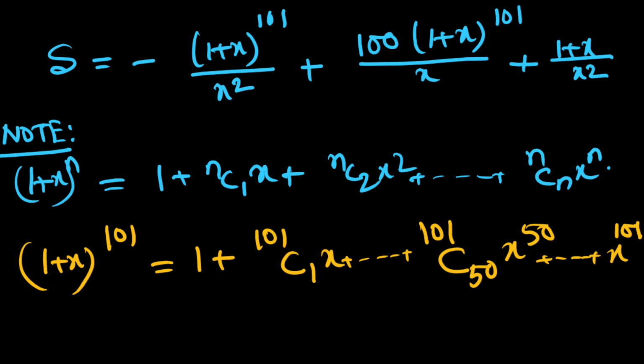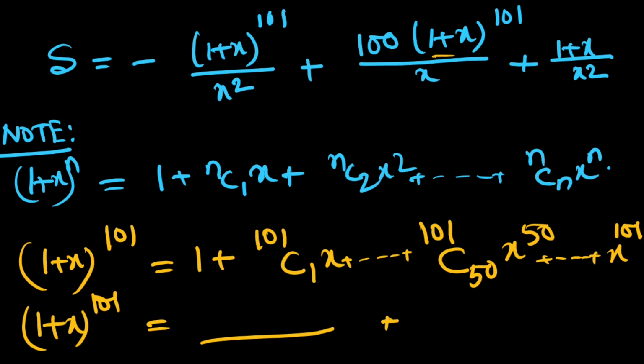So we expand this term in binomial expansion, 101, same expansion, same things. We need to find the coefficient of x power 49, which is 101C49 x power 49, and the rest are same. So we take the coefficient of x power 50 from here and x power 49 from here and put it here.